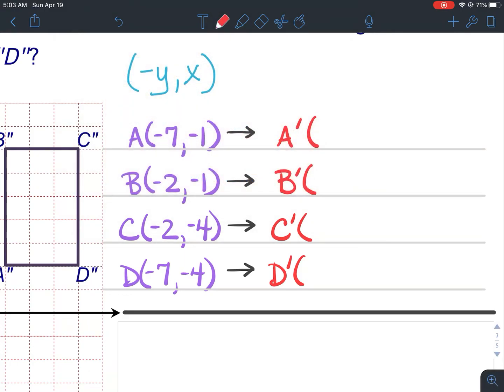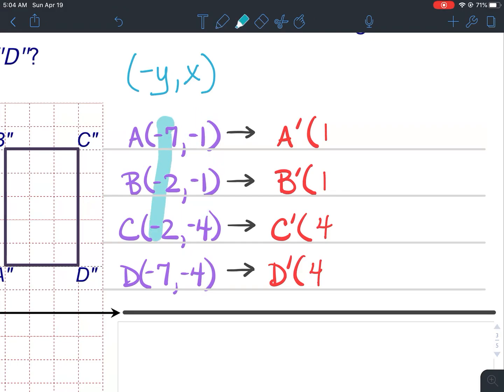Okay, so I'm taking the opposite of my y-coordinates. So the opposite of negative 1 is positive 1. The opposite of negative 4 is positive 4.